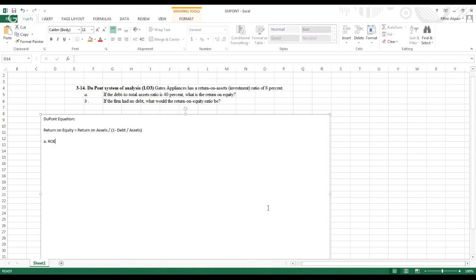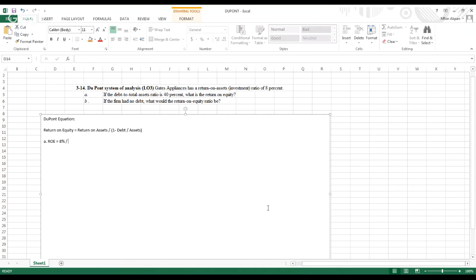So the ROE will equal, in this case, we've got a return on assets ratio of 8%. So they give that to us. Then we've got the debt to total asset ratio is 40%. So now we just need to calculate the financial leverage multiplier.